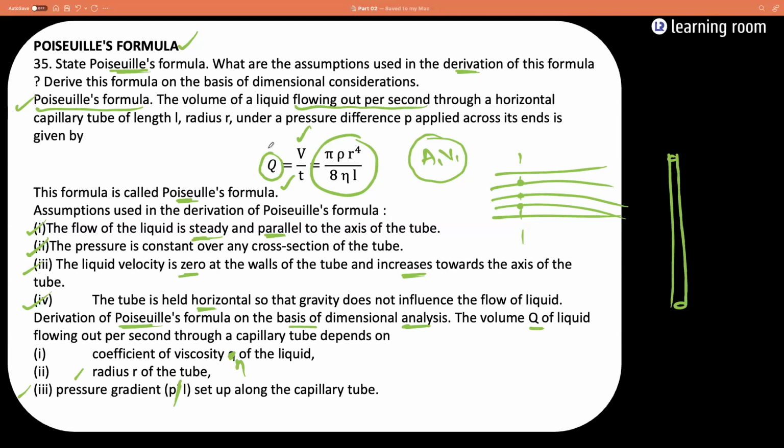You told pressure gradient. Pressure gradient is wrong, is what I told.